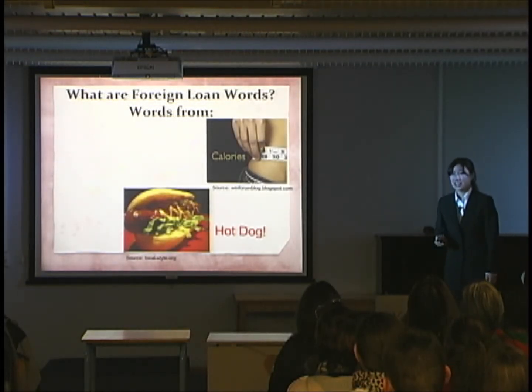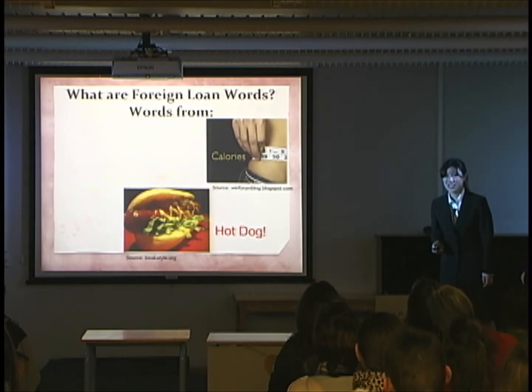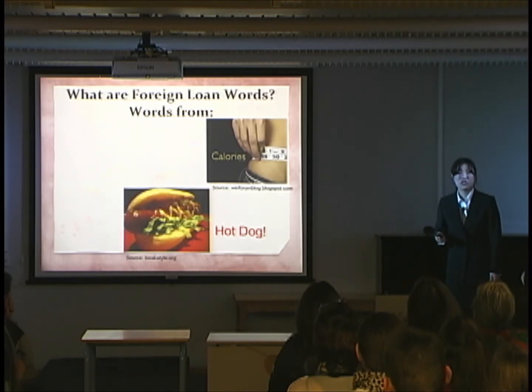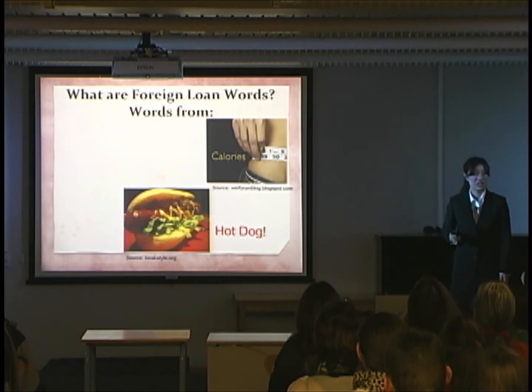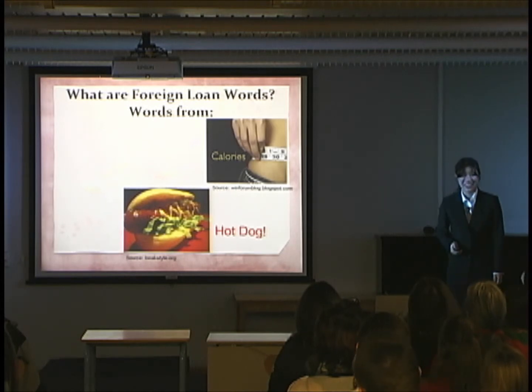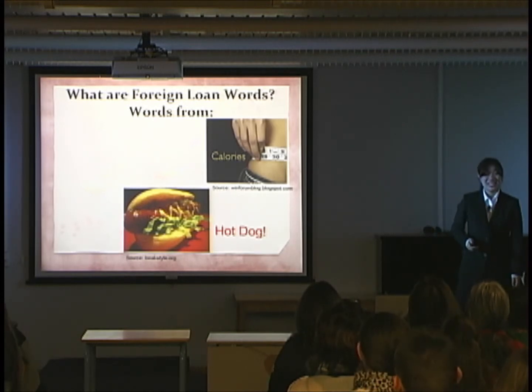At the beginning, I would like to start with the definition of foreign loanwords. Foreign loanwords came from foreign countries and came to be used in the Japanese language. Do you use the words calories and hot dog? Yes. Of course you do. Did you know that Japanese people use these words too?